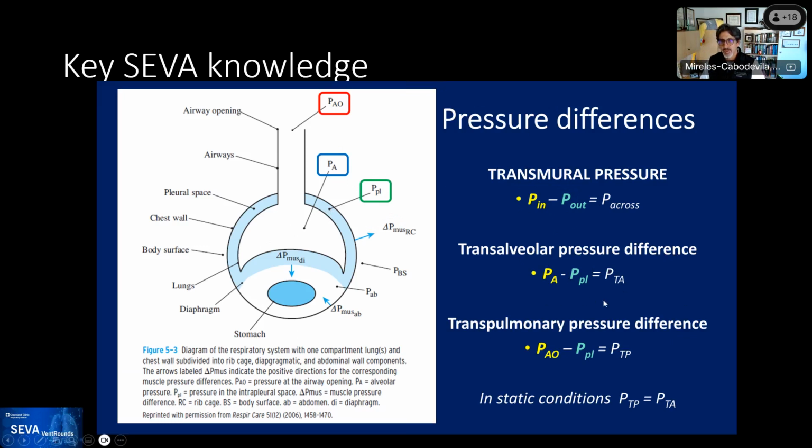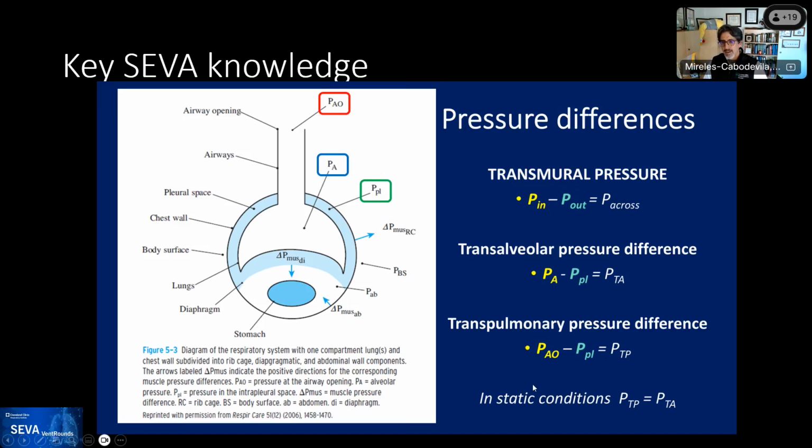In reality, the way that we do this is we use the transpulmonary pressure difference, which is essentially the airway opening pressure, here in red, minus the pleural pressure, which we rarely measure, and we use the esophageal catheter instead. So airway opening and pleural pressure would give you the transpulmonary pressure.